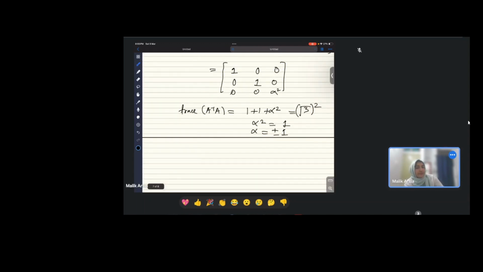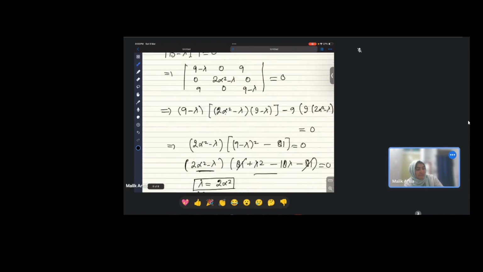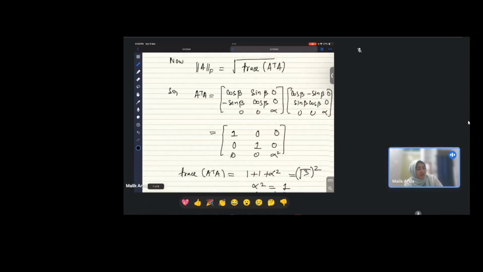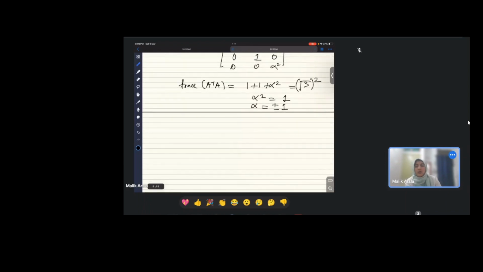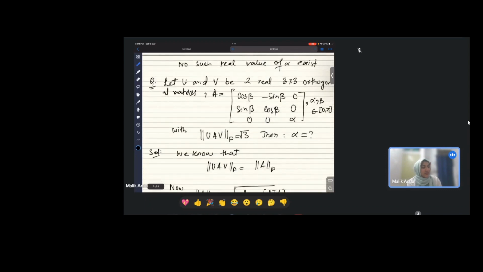So now, which option should be correct? There were 4 options given: alpha equal to 1, alpha equal to minus 1, alpha equal to plus minus 1, and alpha does not exist. You might think that plus minus 1 is correct, but no, you have to see the range also. Here it's clearly mentioned that alpha belongs to the interval 0 to pi.